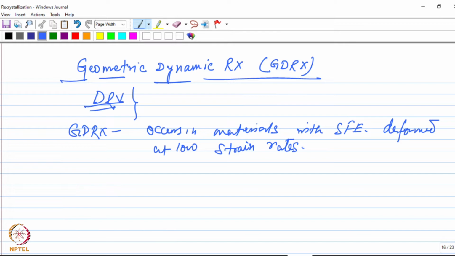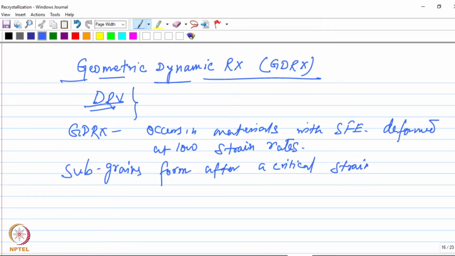Yeah, so to talk about the mechanism, as I said, the subgrains are formed after a critical strain. And this occurs near the original grain boundaries.